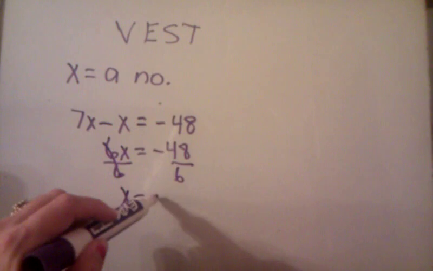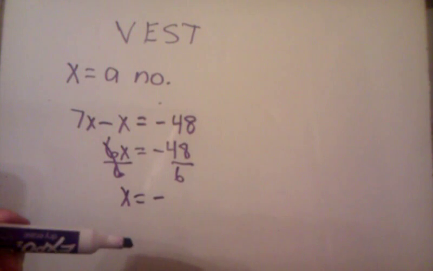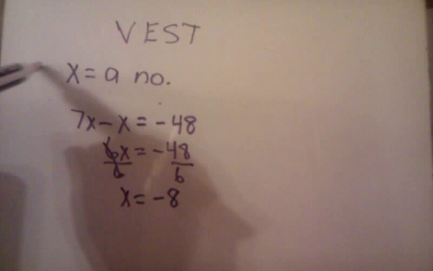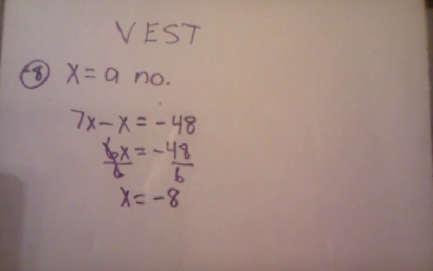My signs are different, so my answer is negative. What's 48 divided by 6? Did you get negative 8? How'd we do? Go to number 13. We'll try another one. See if you can figure out number 13.